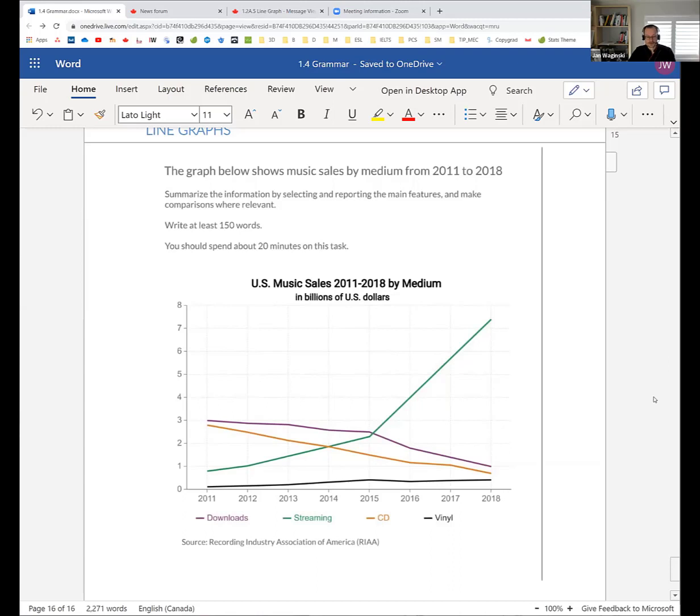Okay, so there's not a lot of mystery in this one. If you get a graph like this, thank you very much. Don't overthink it. Who can describe the general pattern just orally before we write it down?